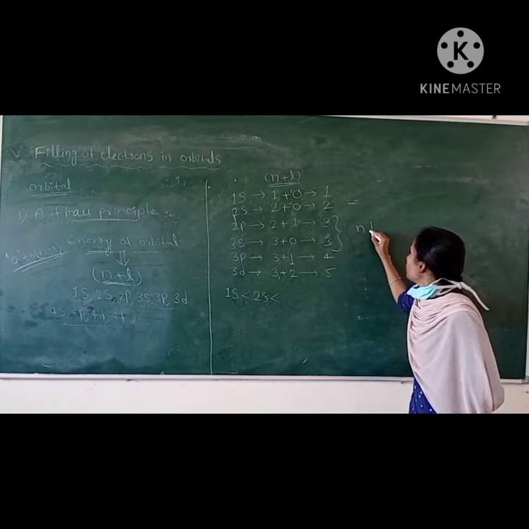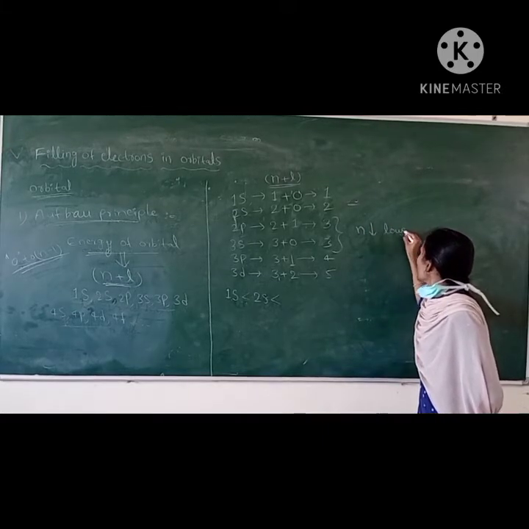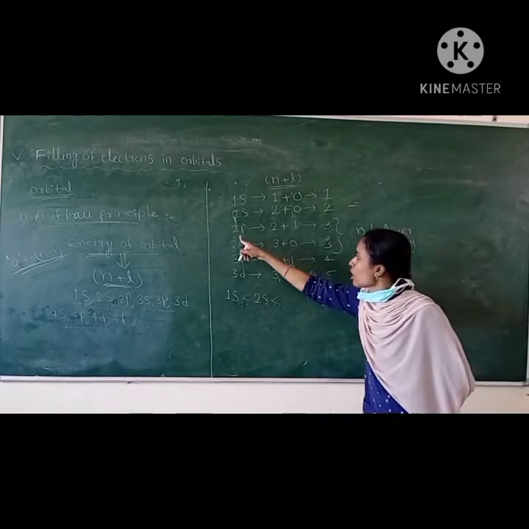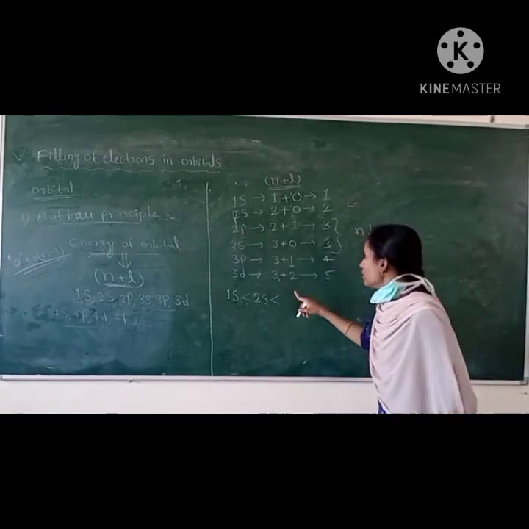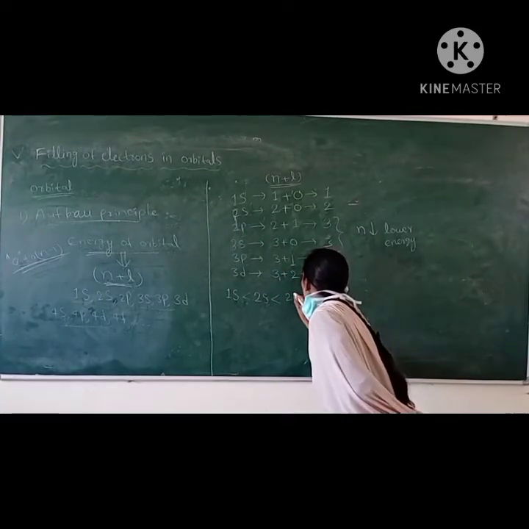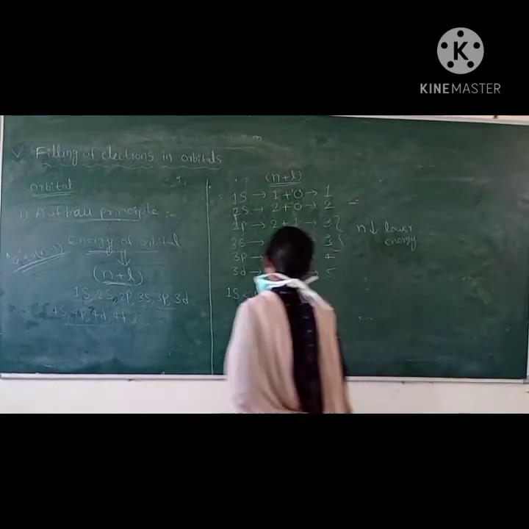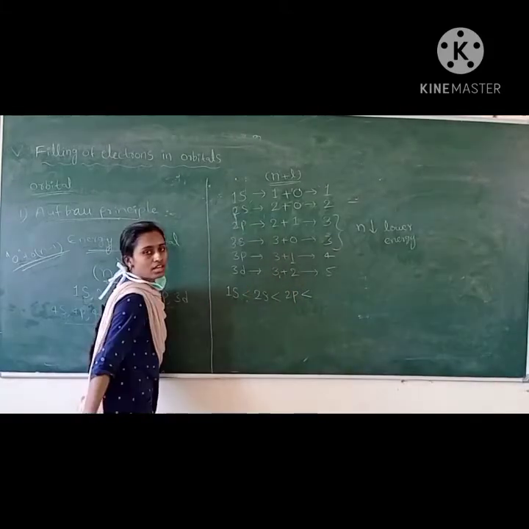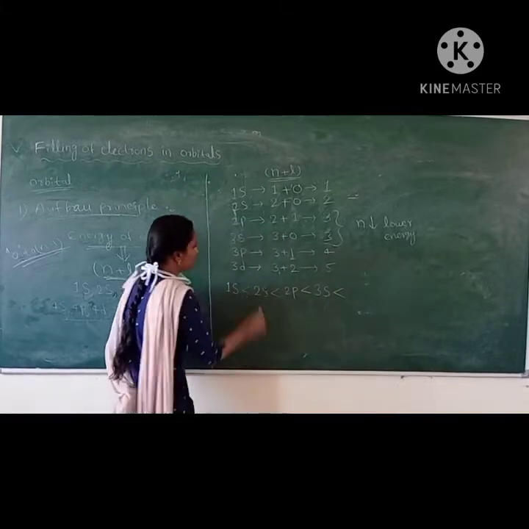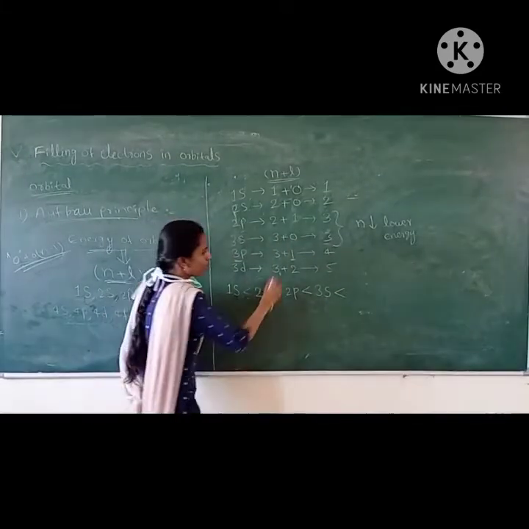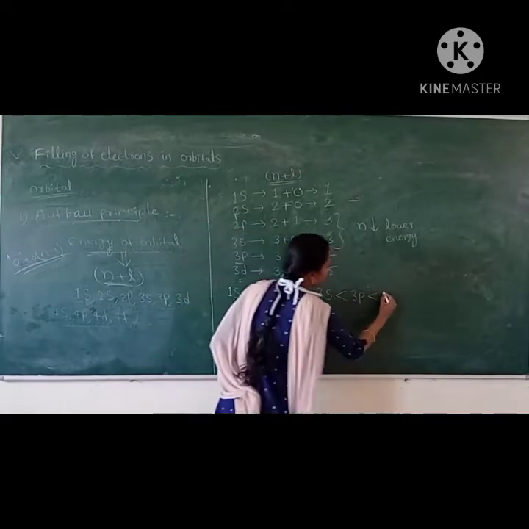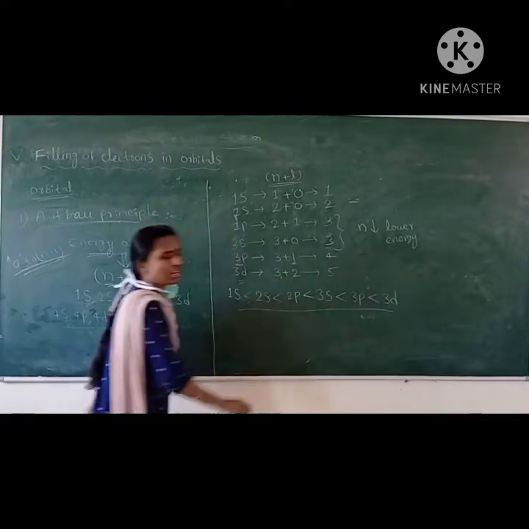The lower the n value, the lower the energy of the orbital. The n value is lower for the 2p orbital, so the electron goes to the 2p orbital. 2s is followed by 2p, and then electrons go to the 3s orbital, then the 3p orbital, with n plus L value 4, followed by the 3d orbital.